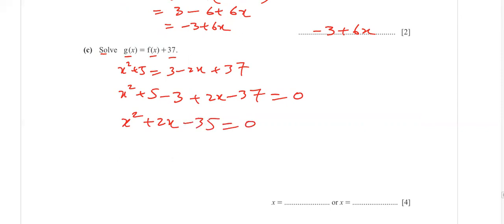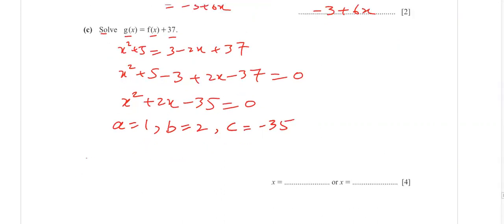Now this is a quadratic equation, and we have three methods to solve a quadratic equation. I can make the factors, or I can use the quadratic formula. The best thing is to go for the quadratic formula here. All right, let's go for the quadratic formula now. If you compare it with the general form, the coefficient of x square is 1, the coefficient of x is 2, and the constant is minus 35.